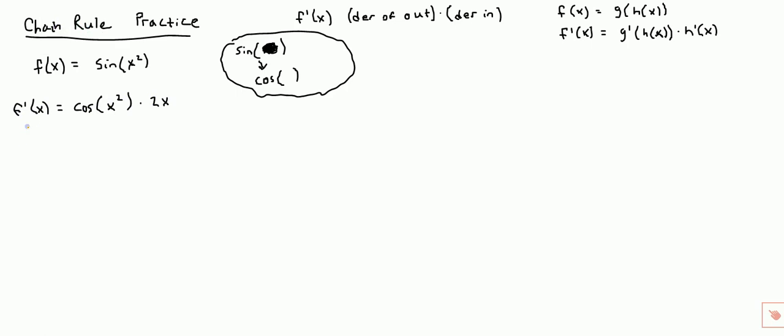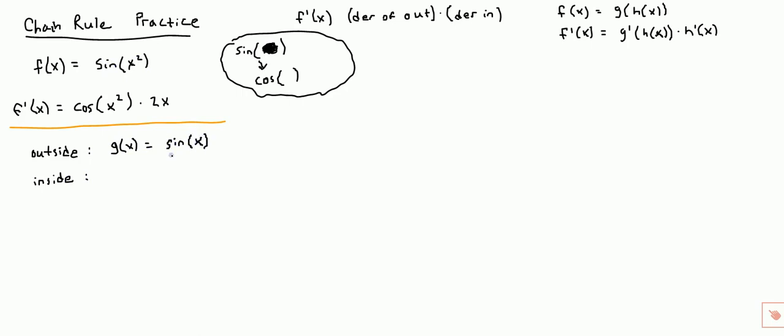Let's do the long method. Okay, so we want to find out the outside and the inside. Okay, so the outside function, g of x, what's outside? What's the last thing that happens? Sine of x.